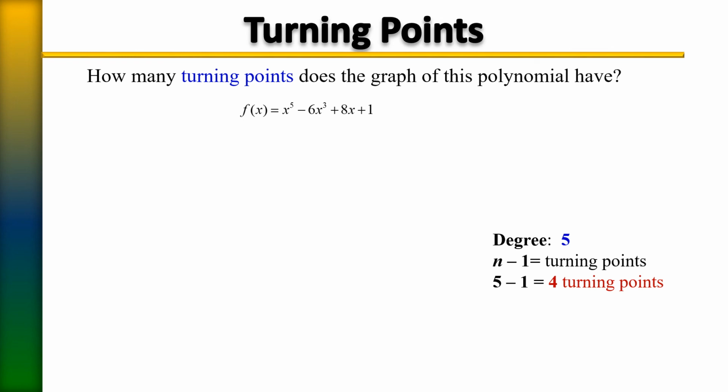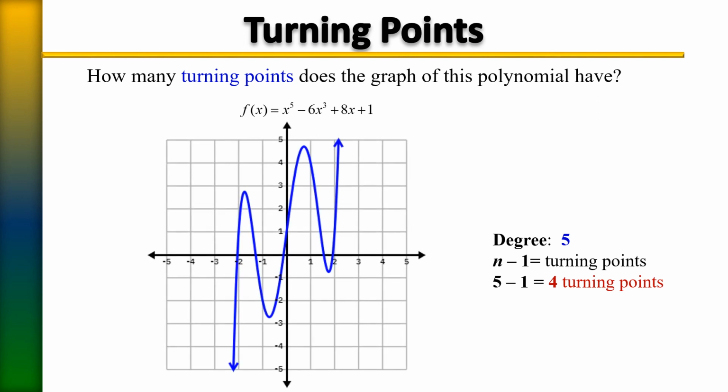Let's take a look at what that graph looks like. And as we can see, there are 1, 2, 3, 4 turning points on this polynomial graph. And there you have it, turning points.